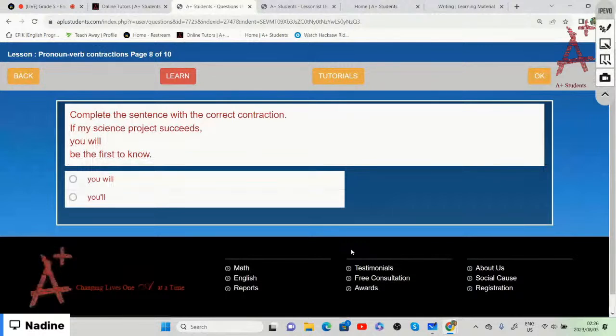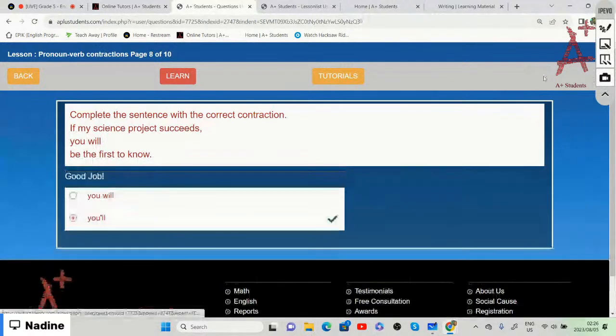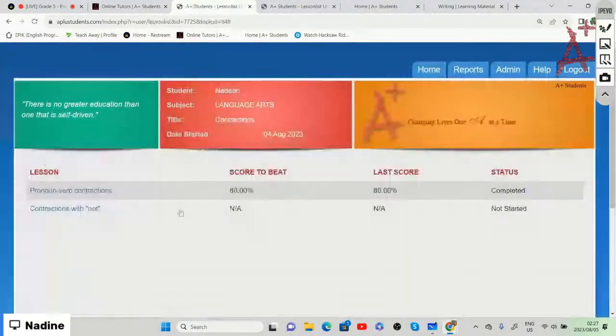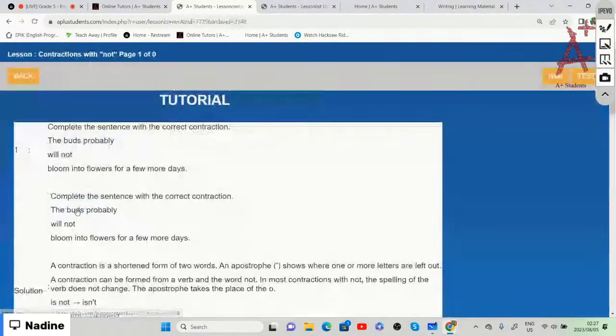So if my science project succeeds, you'll be the first to know, right? All right. So that is basically the pronoun verb contractions. So now we're going to contractions with not, right?